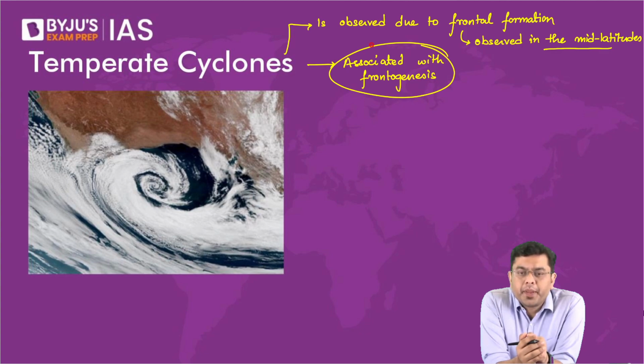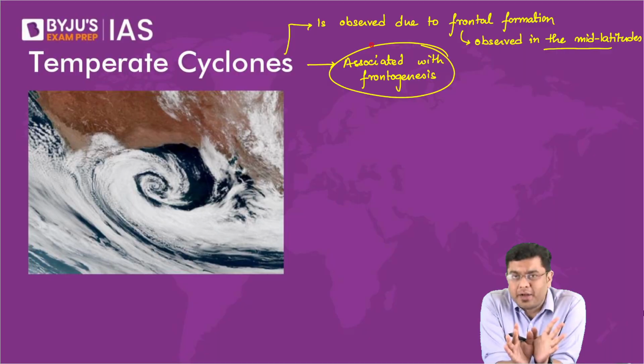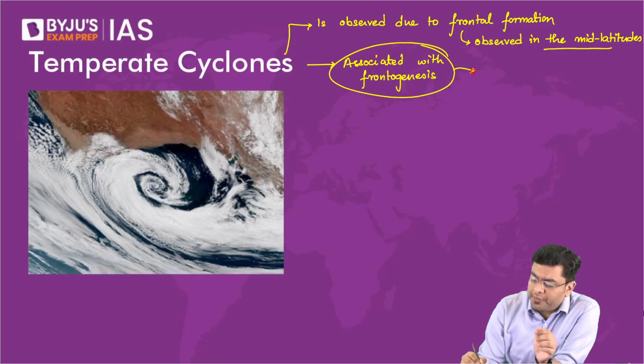Perfect. This is not created in India. Why? Because we are going to observe this only in the mid latitudes, mid to higher latitudes. In lower latitudes in the tropics, you don't experience this. Not observed in tropics.